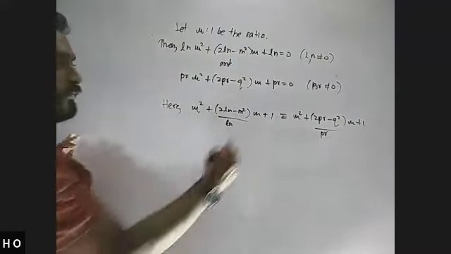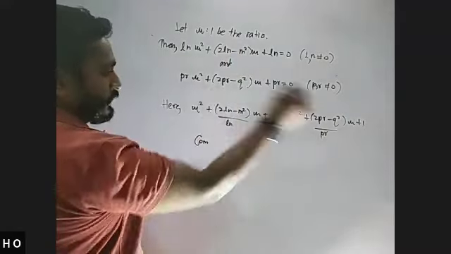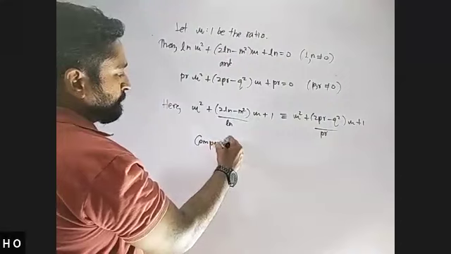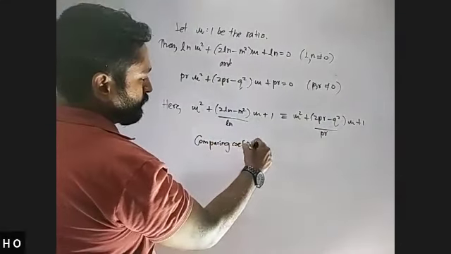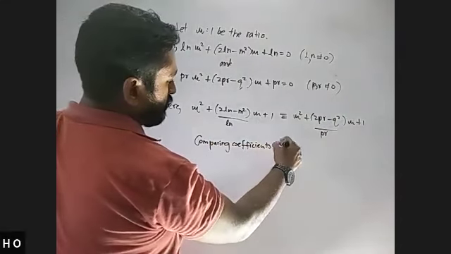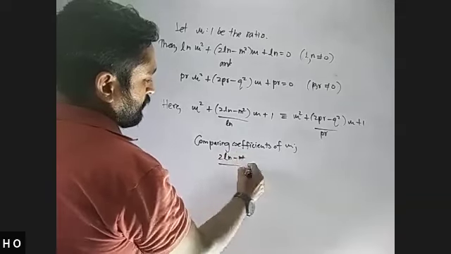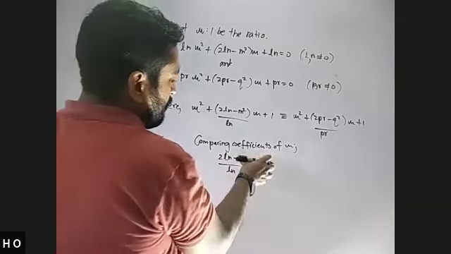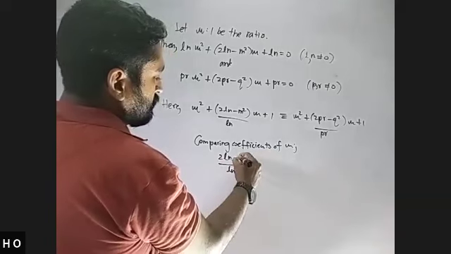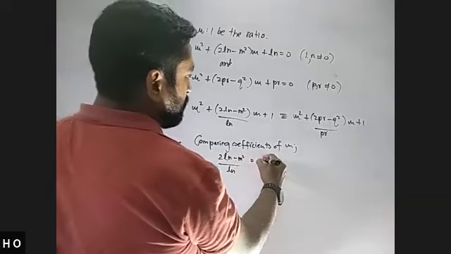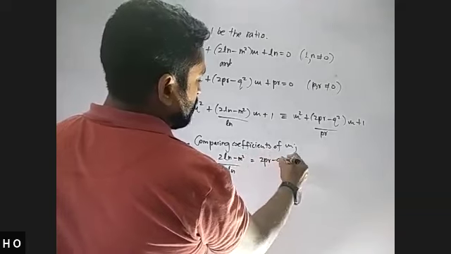So you can compare the coefficients of mu. Mu squared and constant is the same. Comparing coefficients of mu, then 2 ln minus m squared over ln equals 2pr minus q squared over pr.